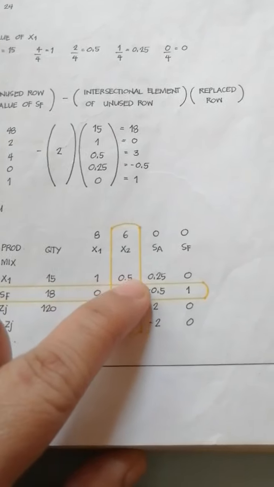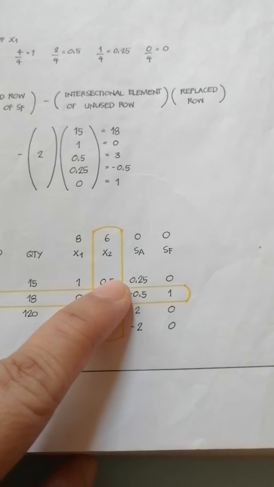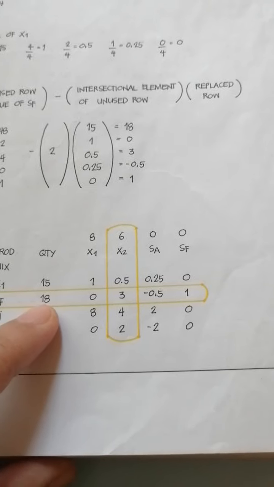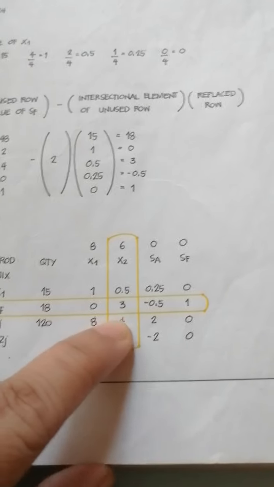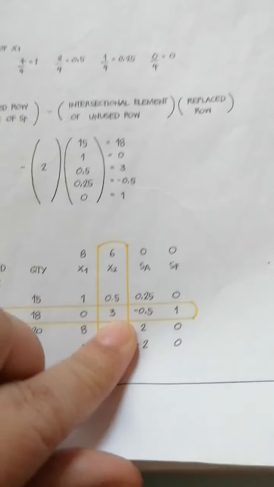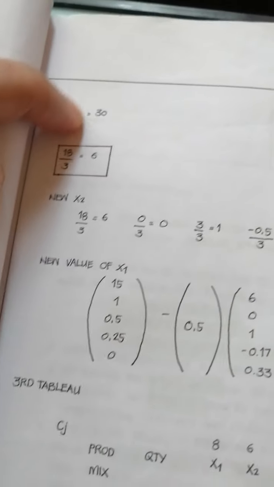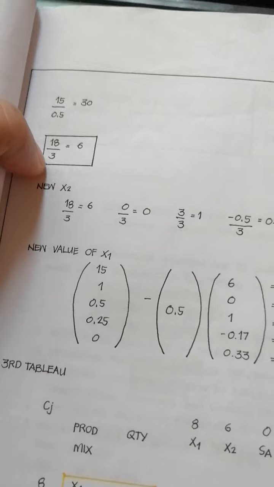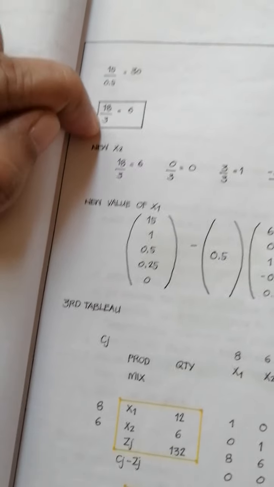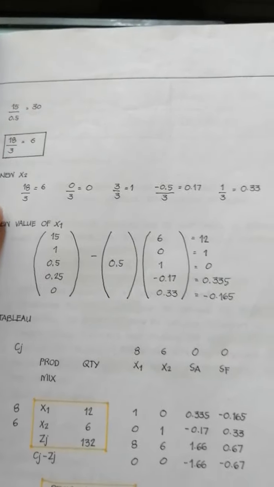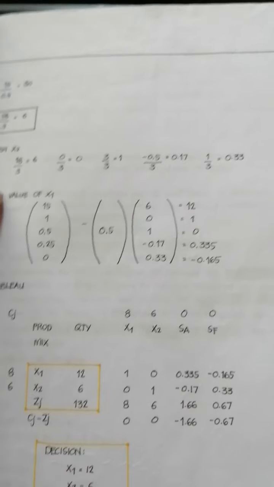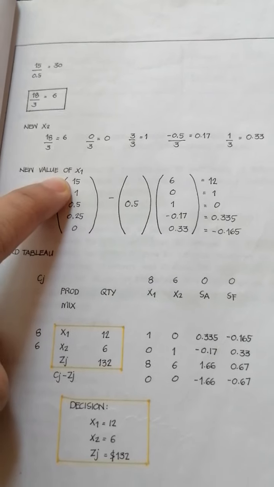So 18 divided by 0.05, 15 divided by 0.5, and 18 divided by 3. So your replaced row will be SF because it's the lowest positive value, and then you'll have a new value of X2 and a new value of X1.